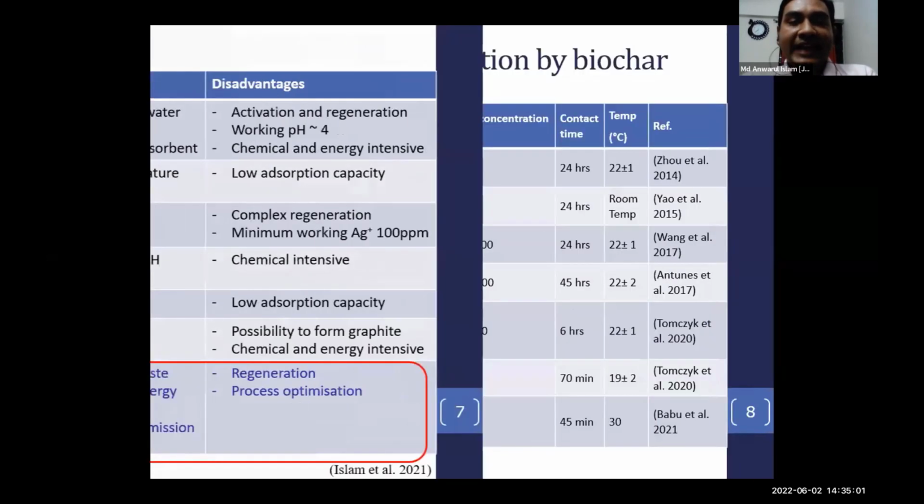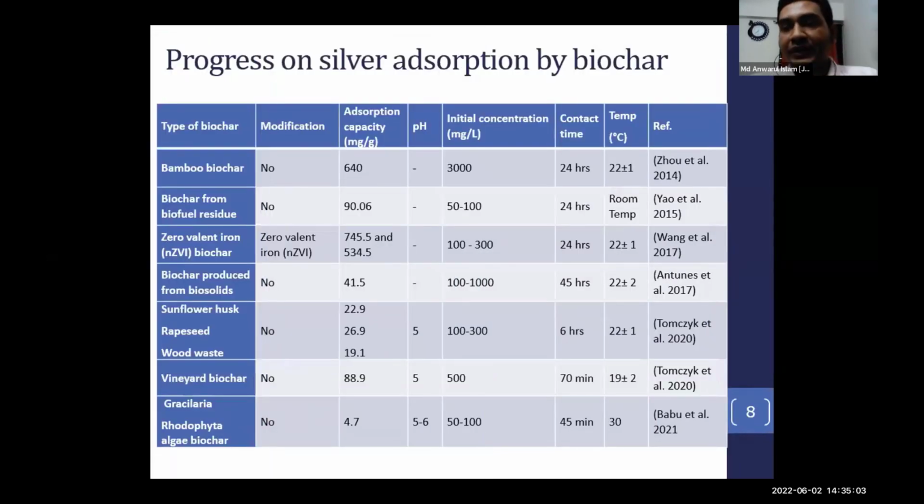So the knowledge gap, so far, from the research I have found in my literature review, as you can see, and the quick summary is that in most cases the contact time is too high. When we are talking about bulk scale wastewater treatment, which is a very large volume, we need a technology which can treat very quickly, with a low retention time.